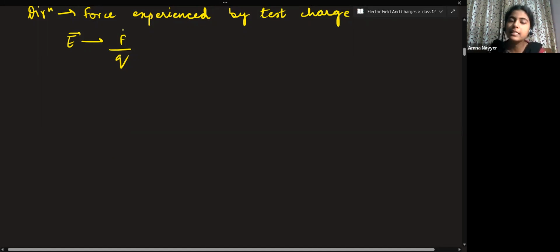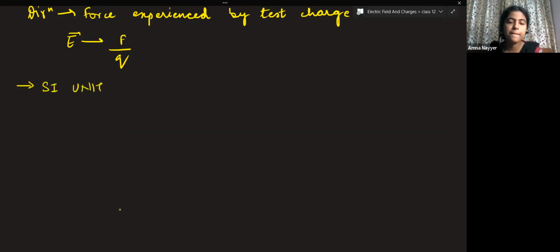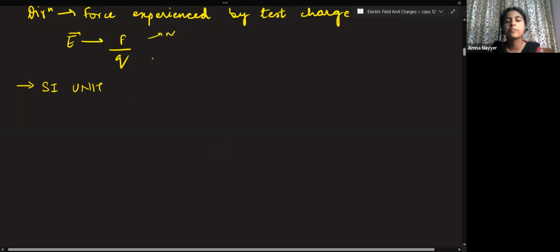You know the SI unit of force, you know the SI unit of charge. What should be the SI unit of this electric field? Yes, right. Correct. Newton is for force and Coulomb is for charge. So the SI unit will directly be Newton per Coulomb.